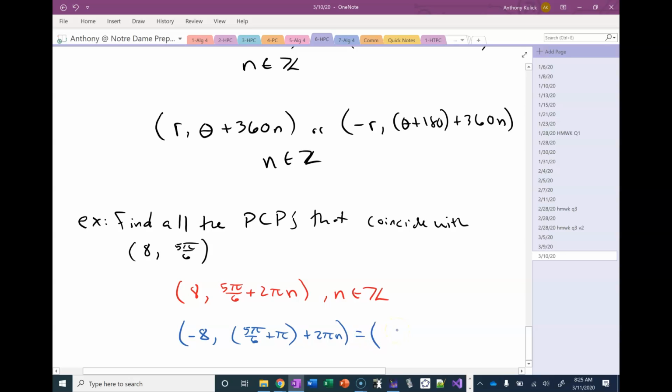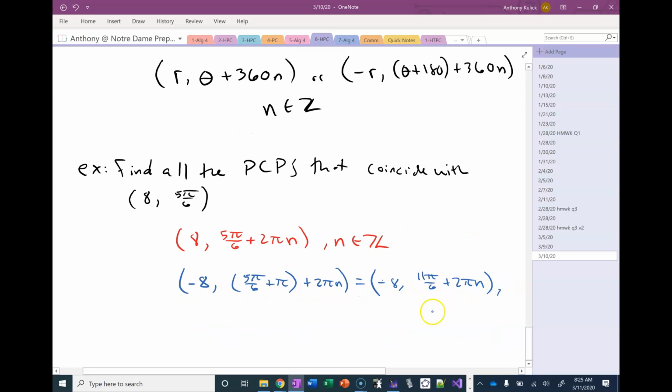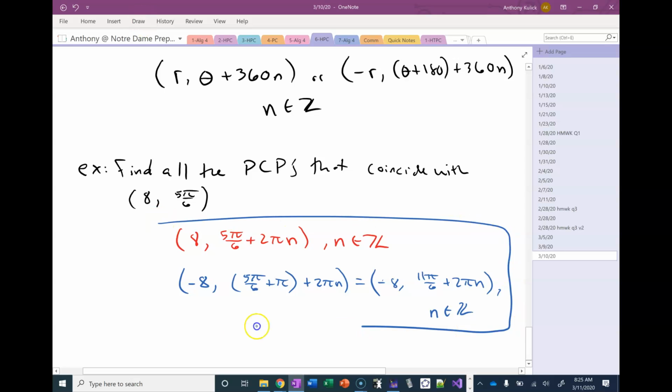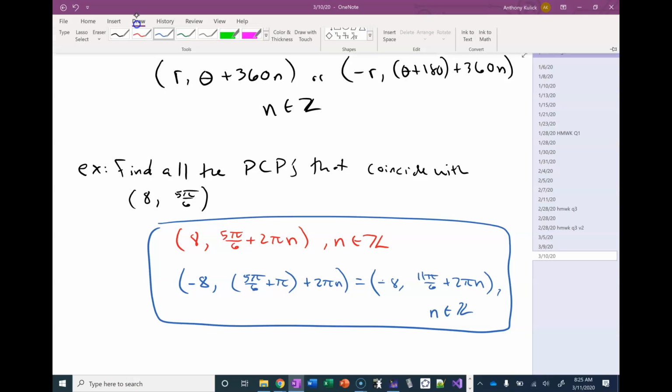And we can add 5 pi over 6 and pi together, right? That gives me 11 pi over 6 plus 2 pi n, again where n is just some integer. And that's my answer.